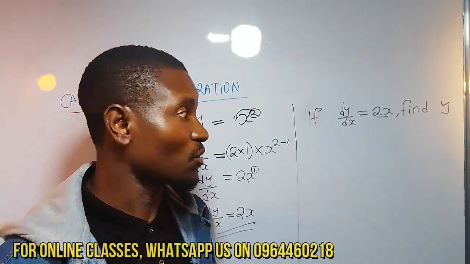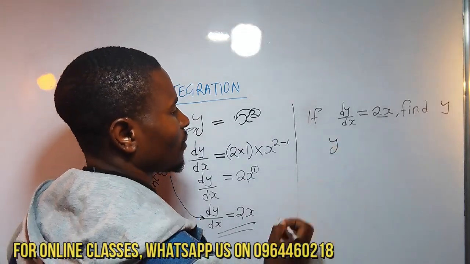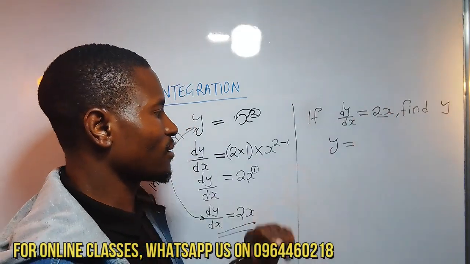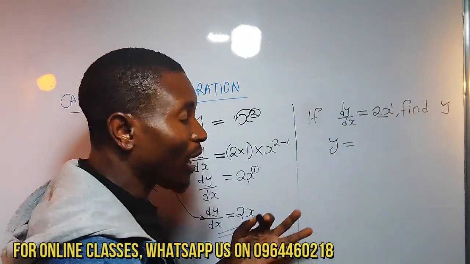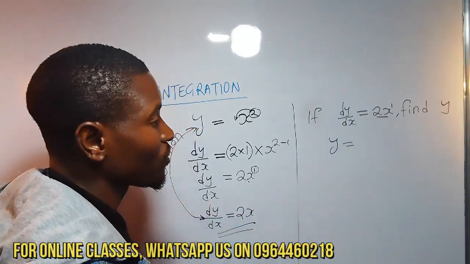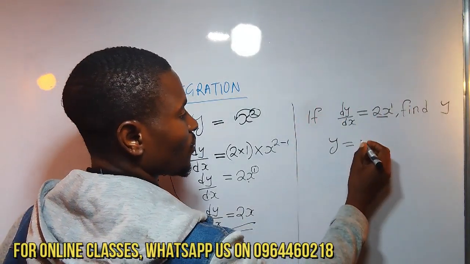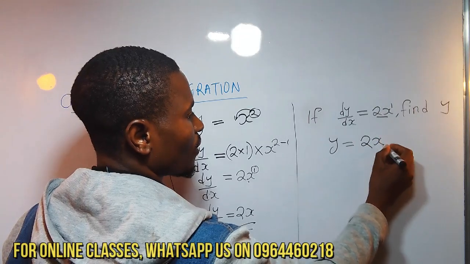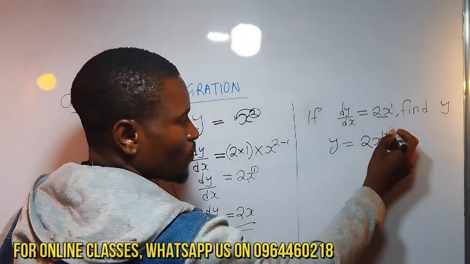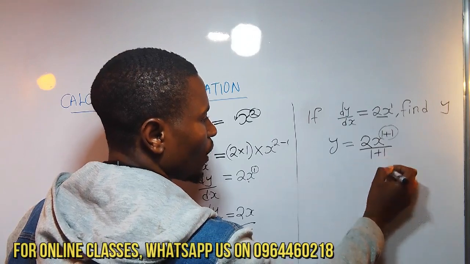Now the next thing you're supposed to do is say y is going to be, so we know that there is a power 1 there that we don't see. What you do now is the power will increase by 1, so I'm going to say 2x to the power 1 plus 1, and this power you bring down as 1 plus 1 also.